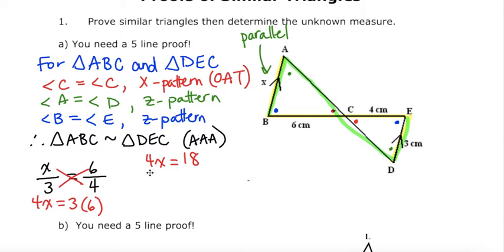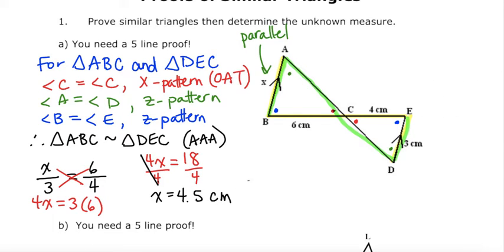And now I'm going to divide both sides by 4. So X is equal to 18 divided by 4, which is 4.5. And the unit, what I'm measuring my side lengths in, is centimeters. So always include that unit with your final answer.